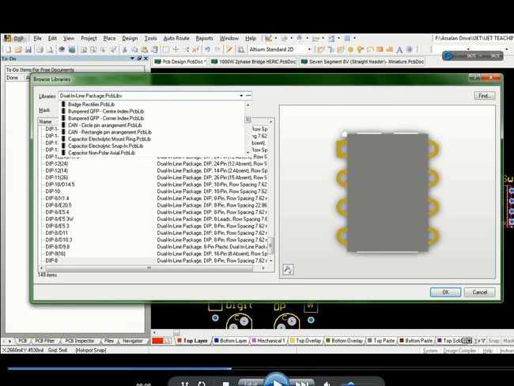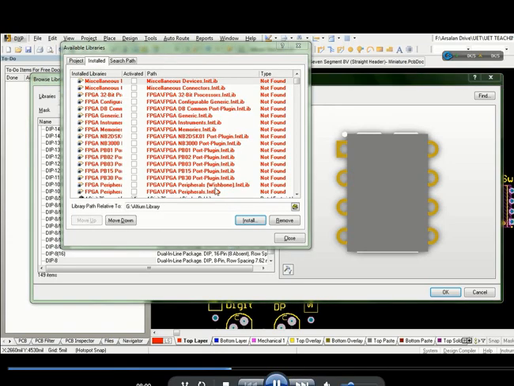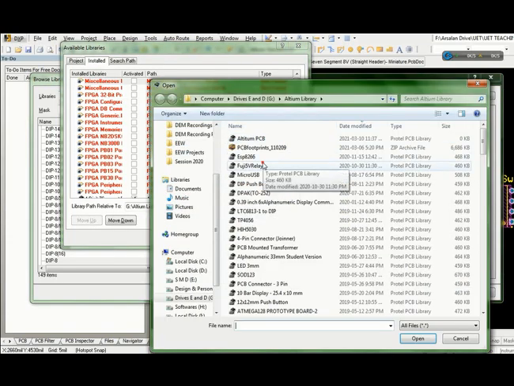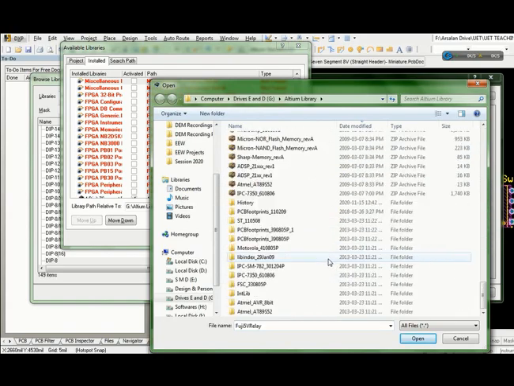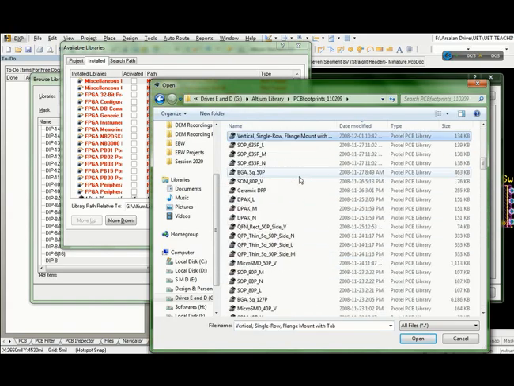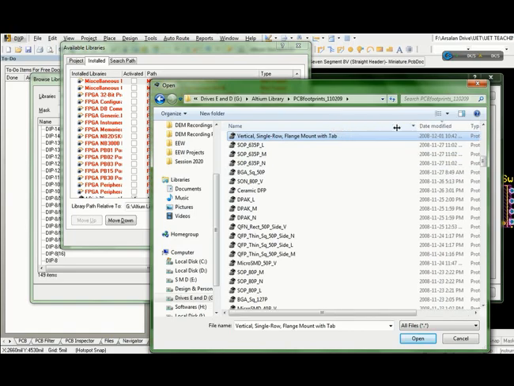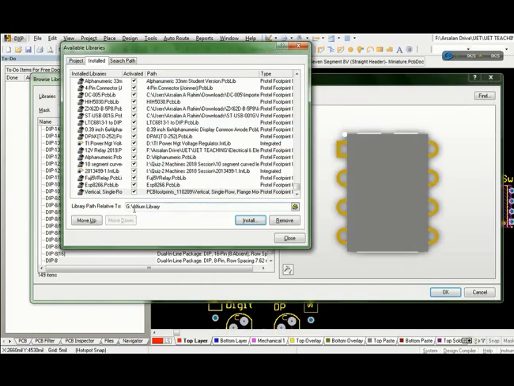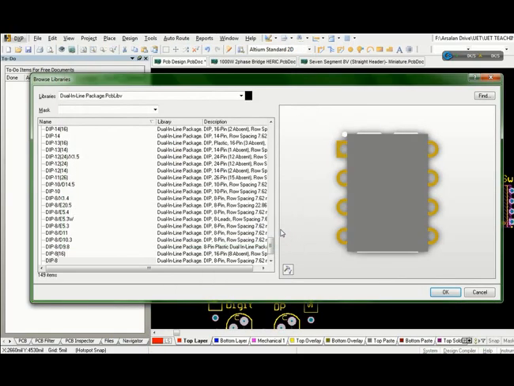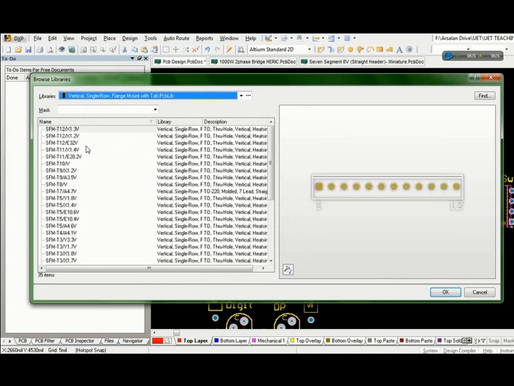Anyway, sorry for others. I'm just making this video again. So I'm now installing that. I'm attaching that vertical single row flange mount with tab.